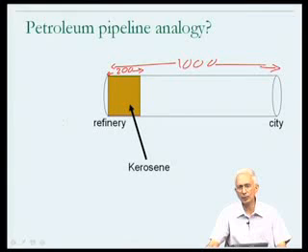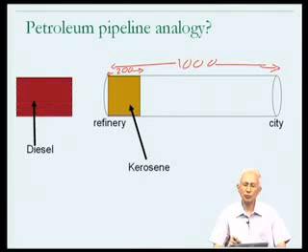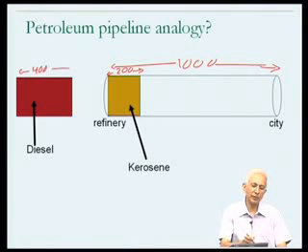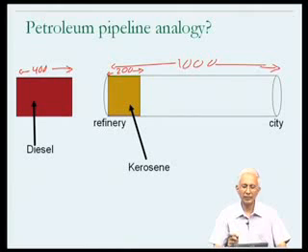Okay, now let's suppose that at this point in time, the kerosene fraction is occupying the pipeline, and we actually want to also transport, let's say, this looks like about 400 kilometers in terms of the pipeline, some large volume of diesel from the refinery to the city.